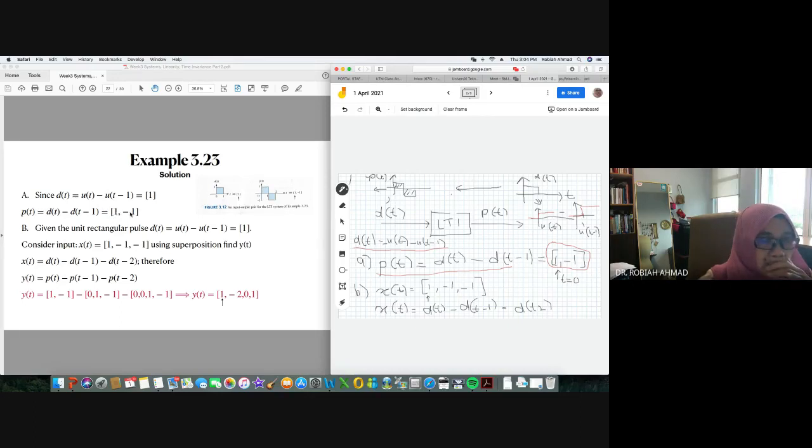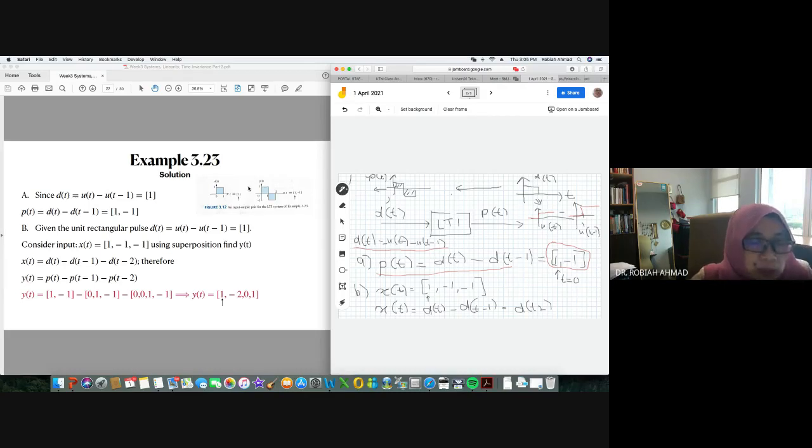Okay, now the question is, we have another system whose input x(t) is 1 minus 1 minus 1. Using superposition, find y(t) of the system having the same responses as the given LTI.